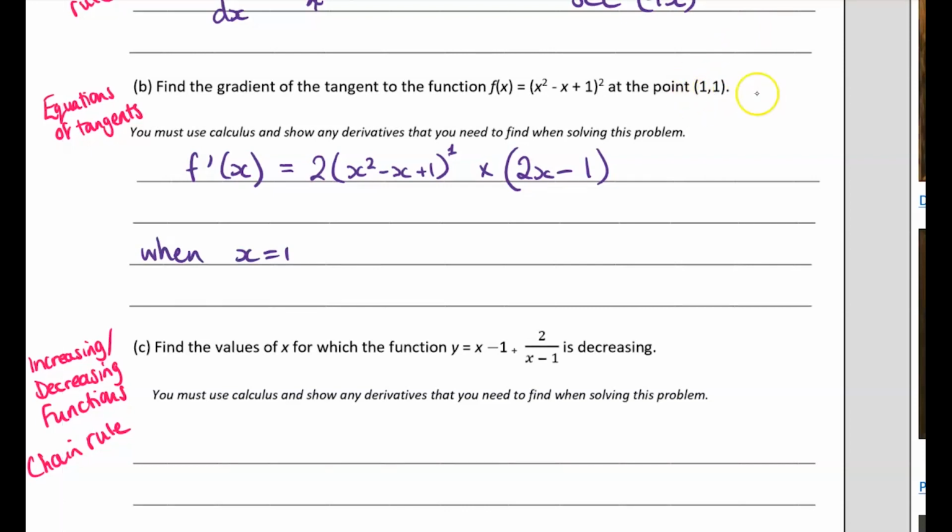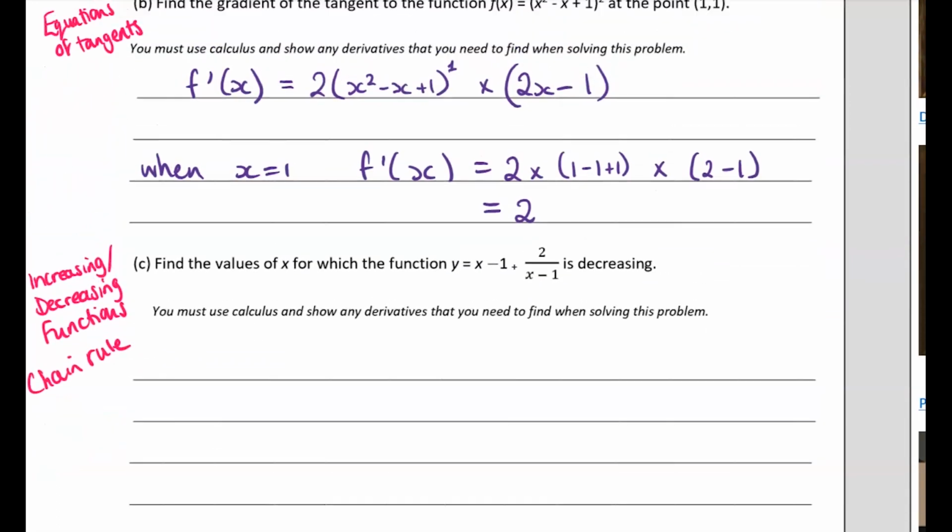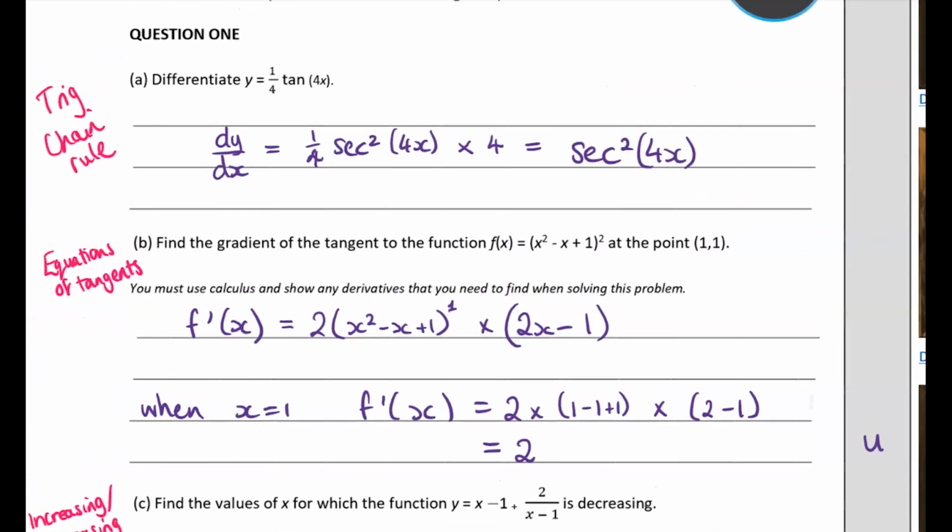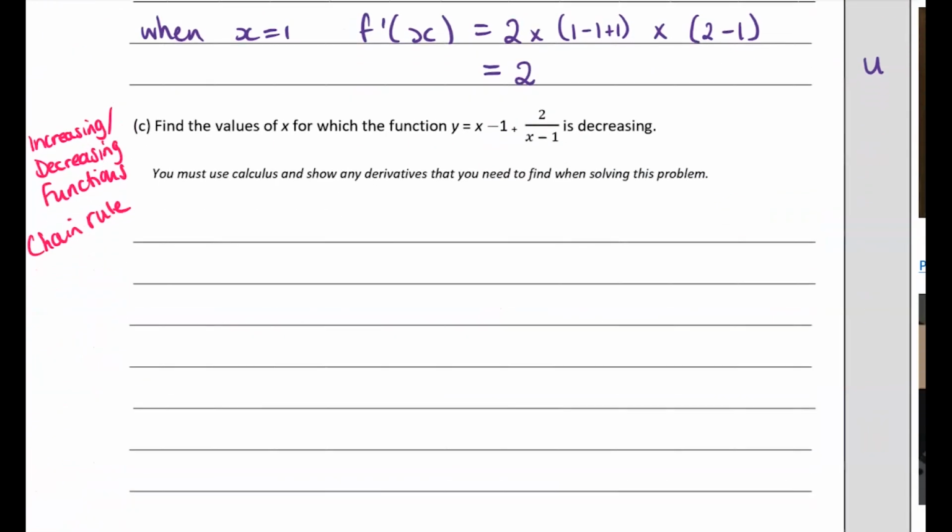So if x is 1, f dash of x will be equal to, well, substitute into that equation there and we get 2 times, in that we've got 1 minus 1 plus 1 multiplied by 2 times 1 is 2, take away 1, so overall we have 2 as our answer. So that one was worth a U mark, that one was a U mark.